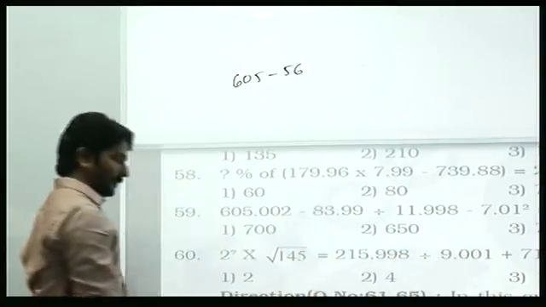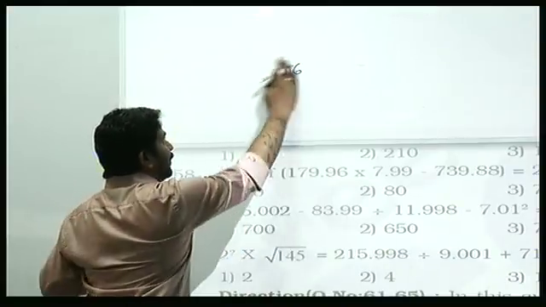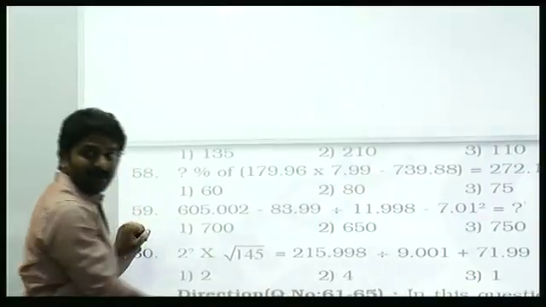Next, 2 to the power of how much, into under root 144. 144 in the sense 12. 12 goes to the right hand side and becomes 1 by 12. Yes or no?